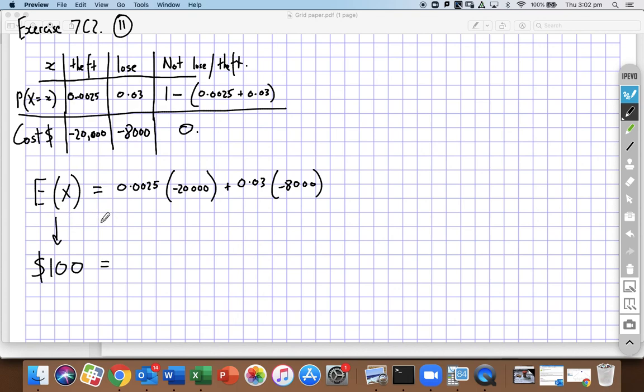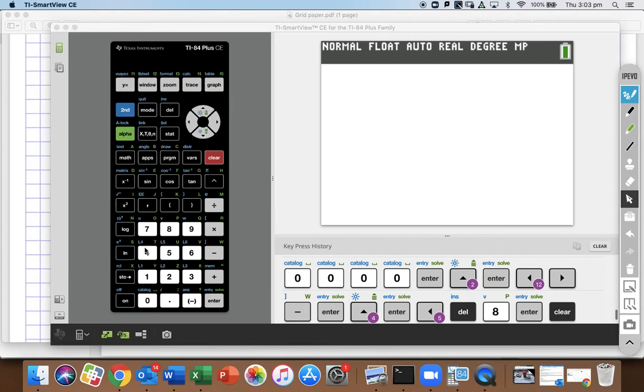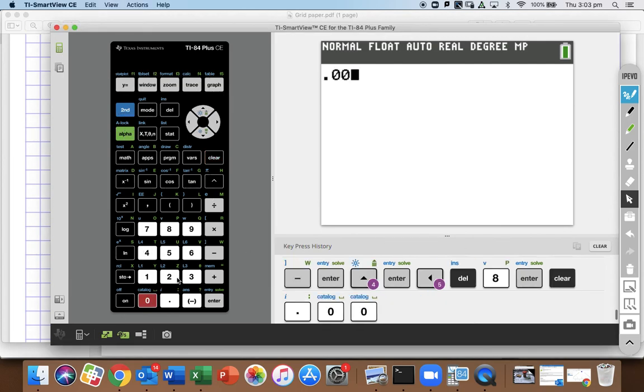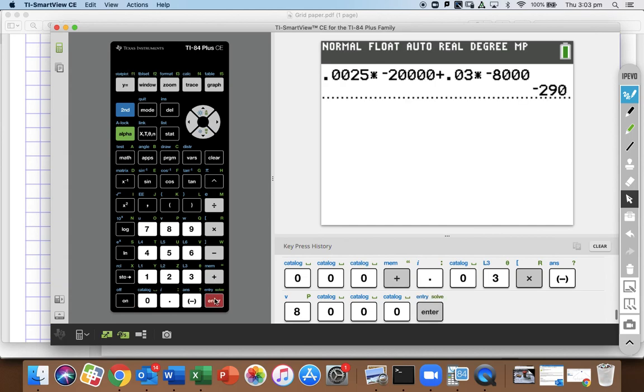If we went to a calculator, see if I can remember these values. Let's clear the screen. So we've got 0.0025 times negative $20,000. And then we also had 0.03 times negative $8,000, and this is going to be minus 290.